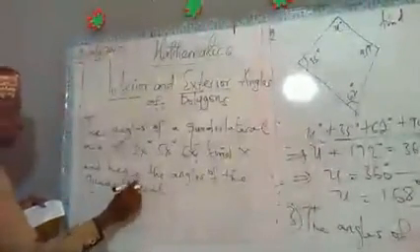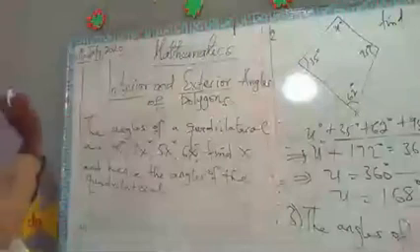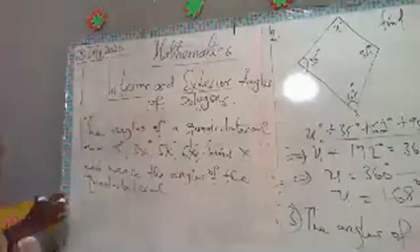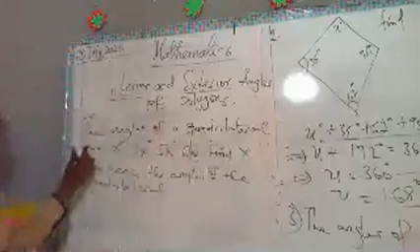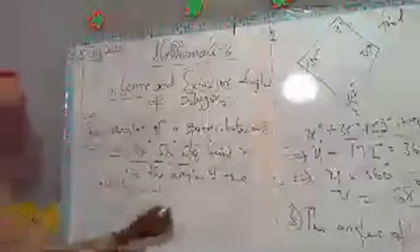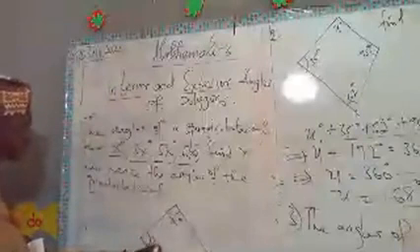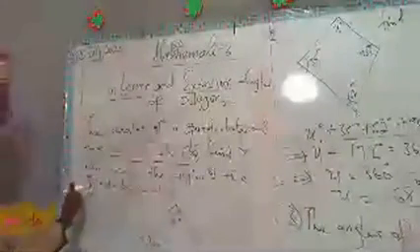Sometimes they may draw the shape for you, sometimes they will not. Since you know the background knowledge that the sum of angles in a quadrilateral is 360, this is very simple. The angles of a quadrilateral, a four-sided shape, are these four. You can even draw any shape you like and put x, 3x. Find x.